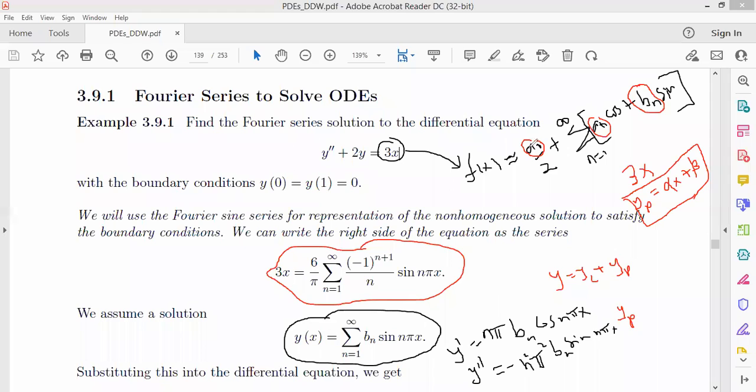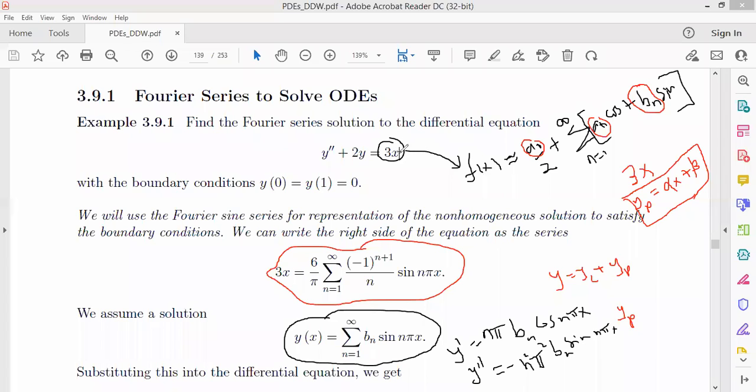Just like here, the generic form is a naught over 2, an cos, bn sine. So if it is a full range, the generic form will be this one here in black. I have said the nature of the solution. The nature of the solution, you get explicit with respect to the function that is given. It is indicative of the y.